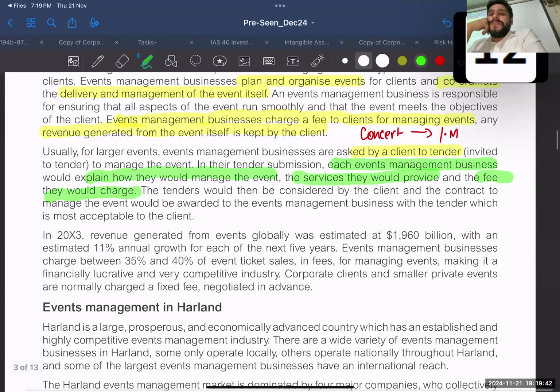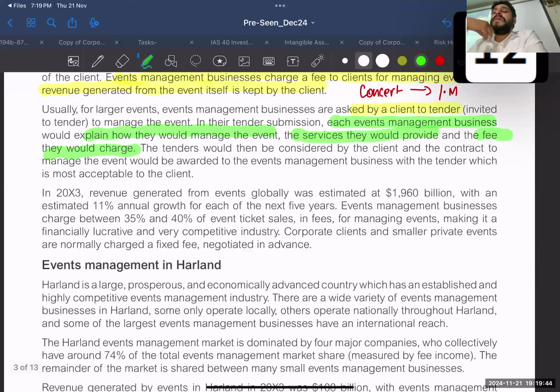In 20x3, revenue generated from events globally was estimated to be 1960 billion, not from my company, from the entire industry, with an estimated 11% growth for each of the next 5 years.